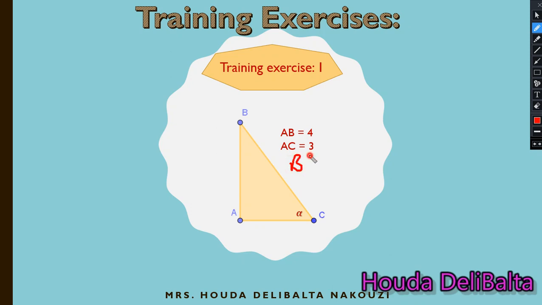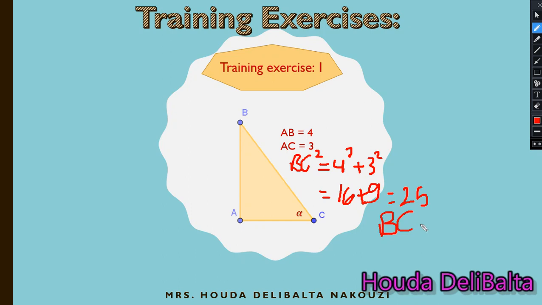BC squared is equal to AB squared, which is 4 squared, plus AC squared, which is 3 squared. Hence, it's equal to 16 plus 9, which is 25, and thus BC is equal to radical 25, which is 5.